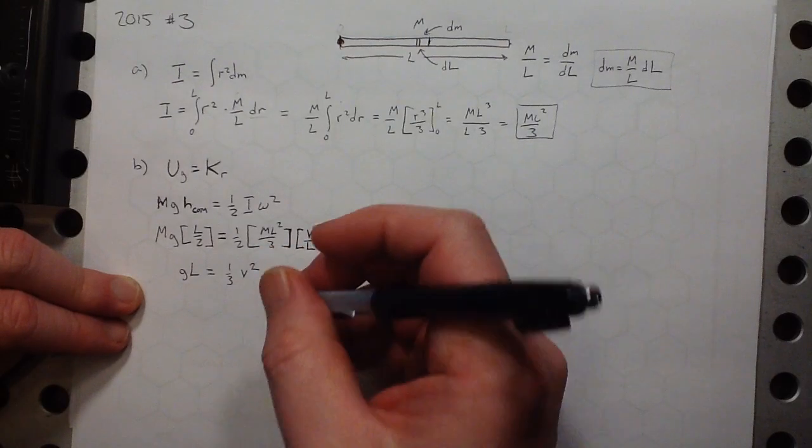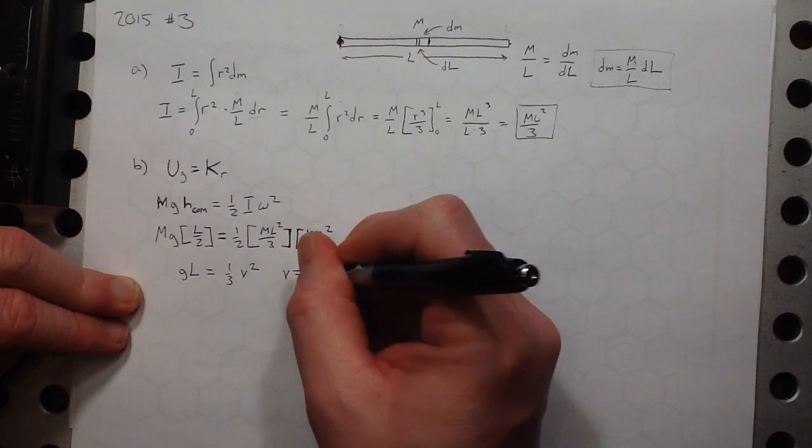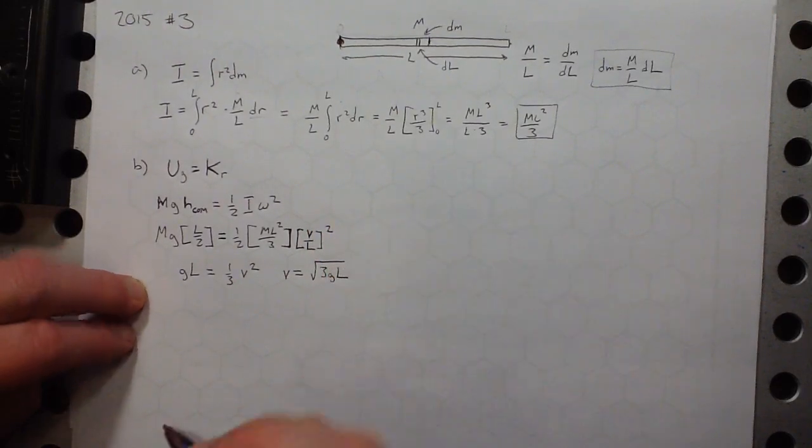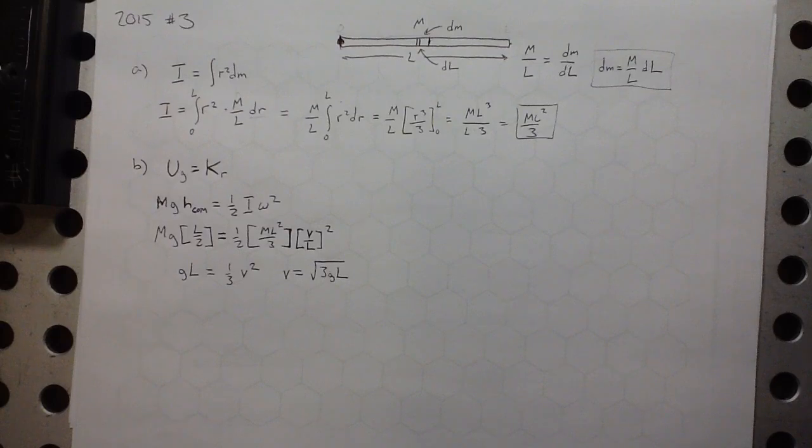I think I'm doing okay here, so V would be equal to the square root of 3GL. Just took a peek at the scoring guide there, that's correct. Just want to make sure I didn't send you off in the wrong direction there.